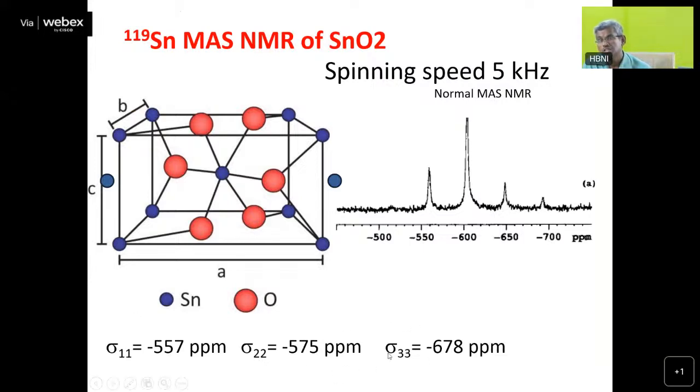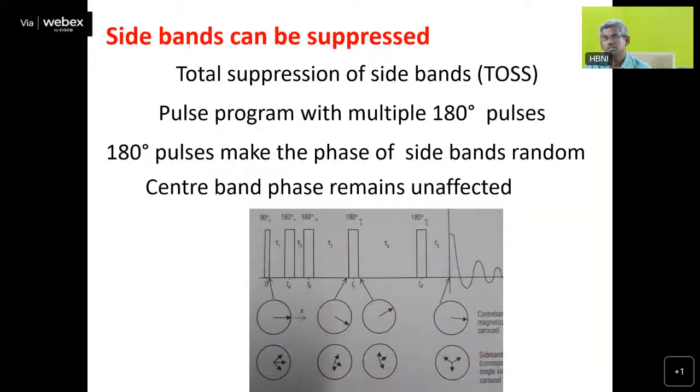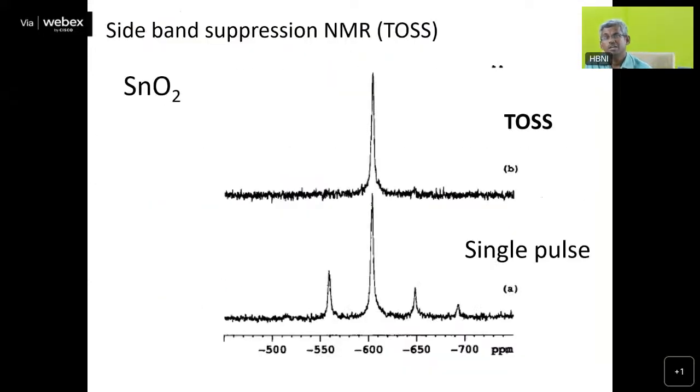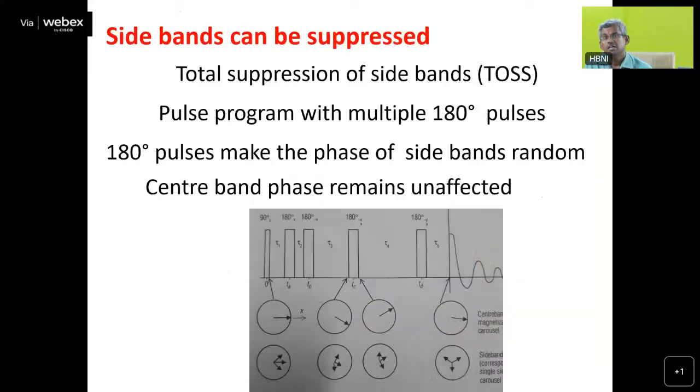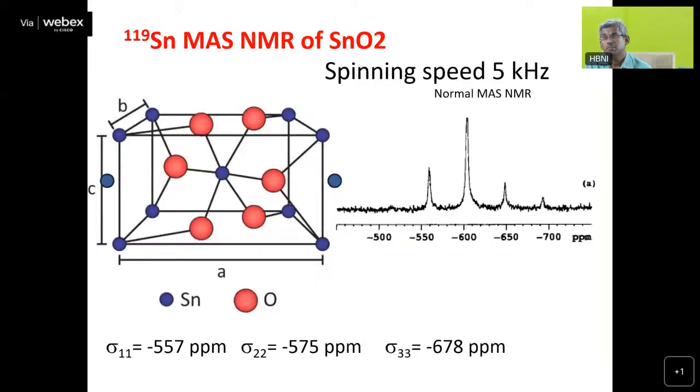Always you see sigma 33 will be highly shielded compared to sigma 11. The sigma values have been calculated based on a program; free software may be available, and you may be able to get it from Google. From the sideband patterns, you can get the intensity. So one can definitely say there is a significant chemical shift anisotropy in this pattern.